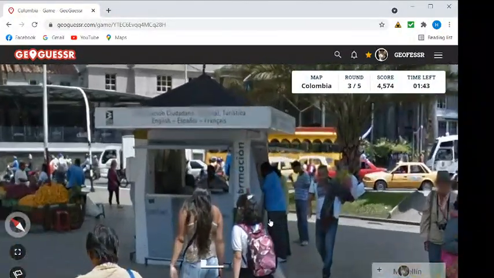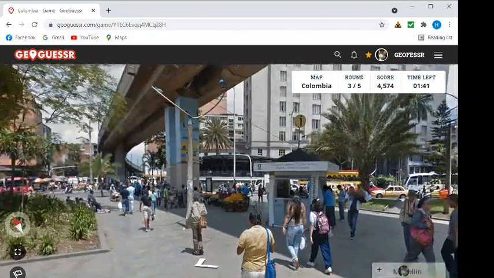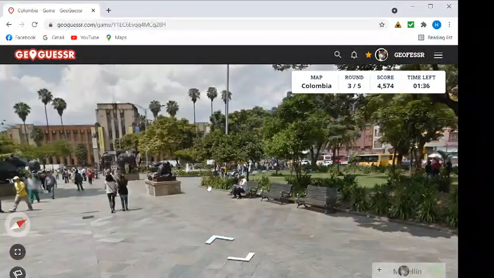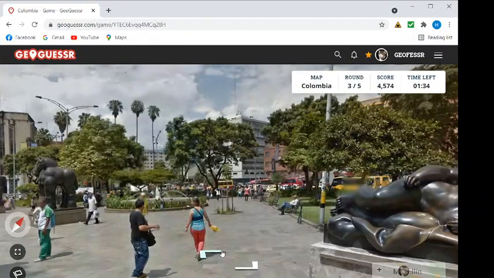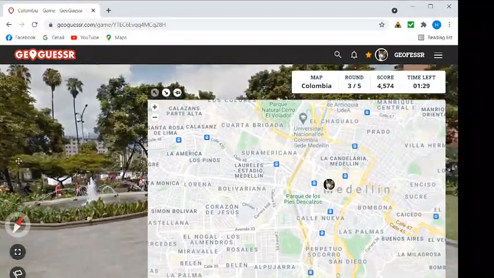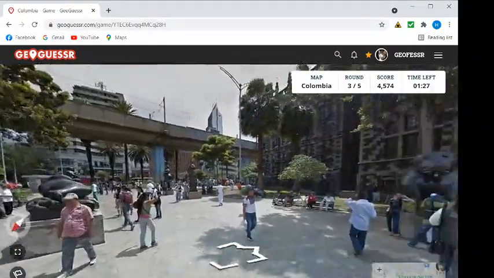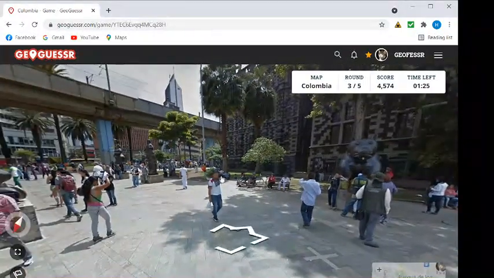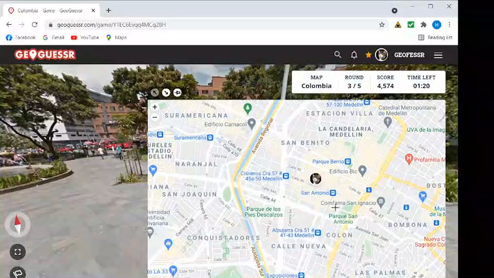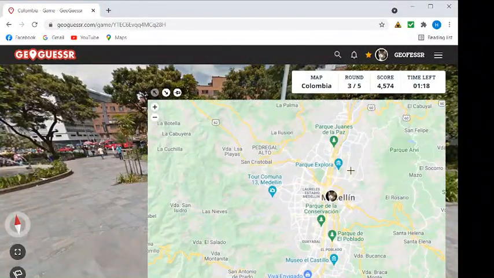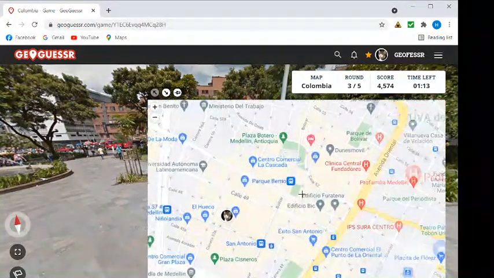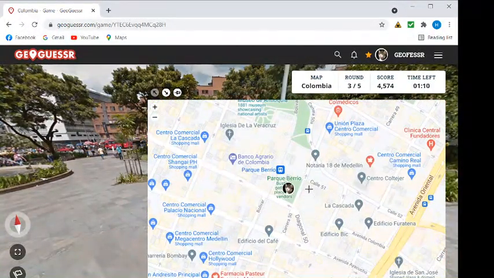The tourist information thing. Wait, we can't really go that way easily. Okay, so the line goes in a kind of north-south direction, right? Yeah, so it looks like along the length of the valley is the direction of that thing.